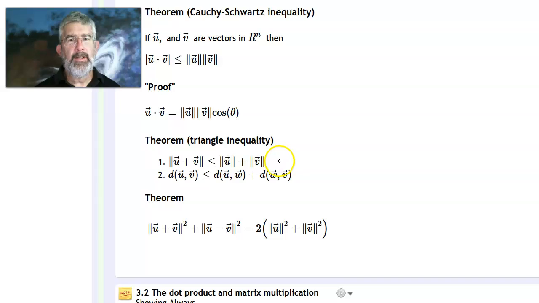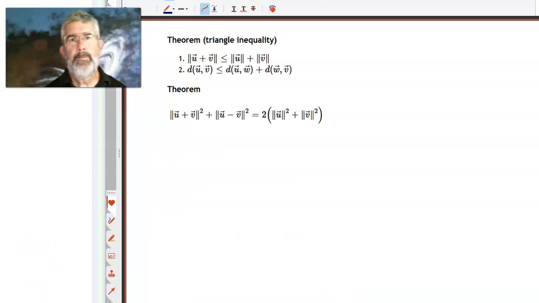The triangle inequality. I need to draw a picture. There are two versions of it here, one in terms of vectors and one in terms of distances.